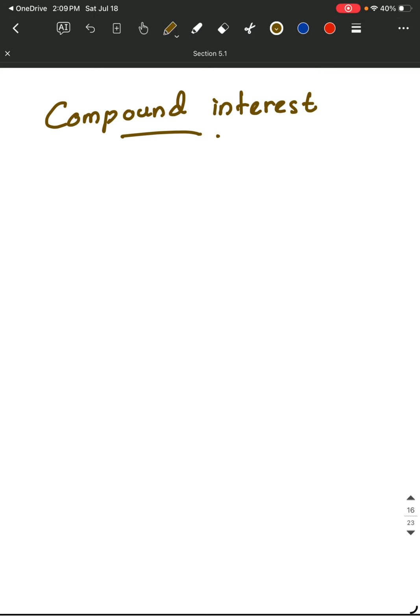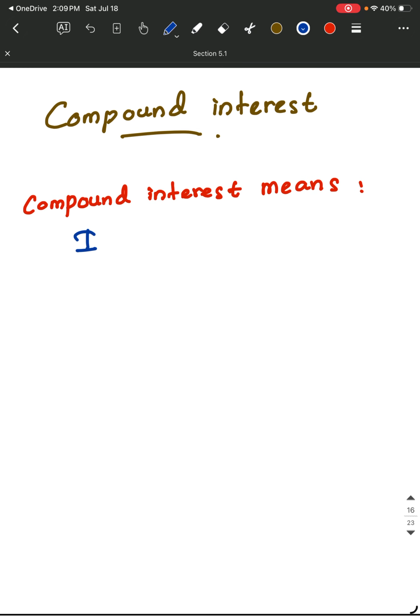What does the word compound mean? The compound interest means interest on interest. Right? So each time interest is added, future interest is calculated using the new balance.